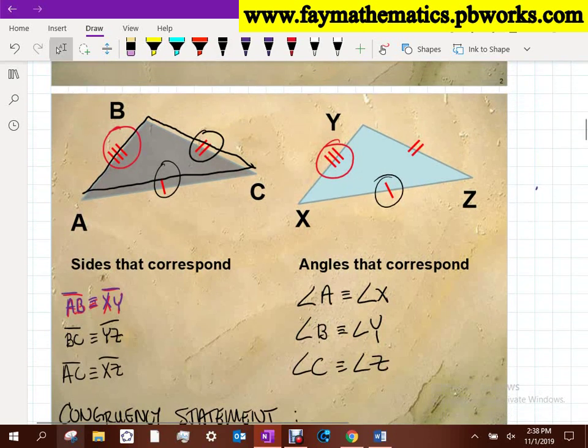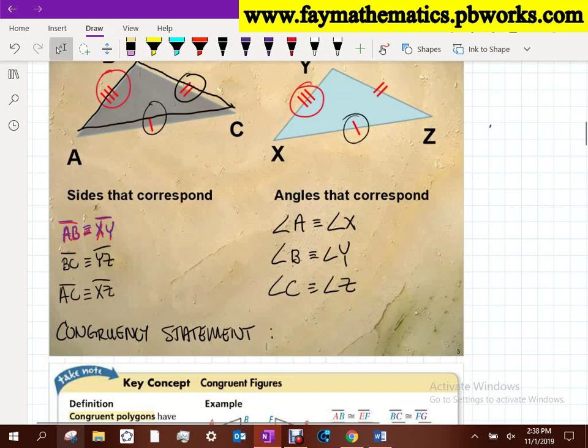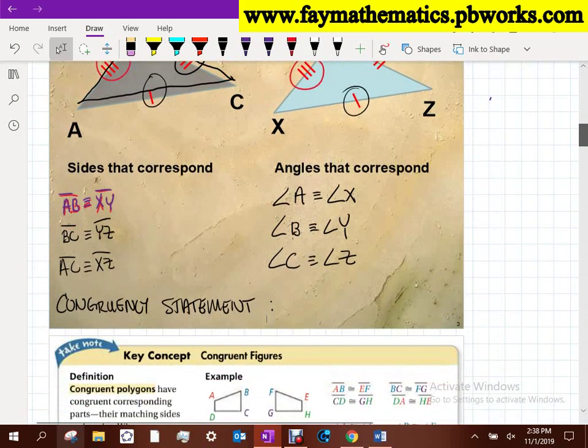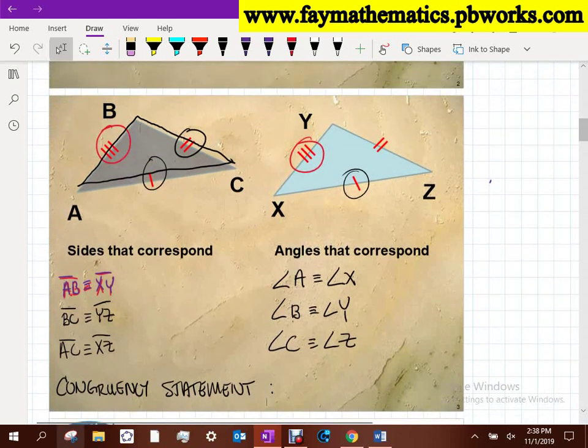Okay, and basically all you do when you write a congruency statement, whether it be triangles, rectangles, pentagons, octagons, whatever they may be, any polygons, you first identify what you want to name your first figure. Okay, so with triangles, we'll talk about when we get to other polygons the importance of a certain process in naming them. But for triangles, you can just take the three letters and put them in any order that you want to.